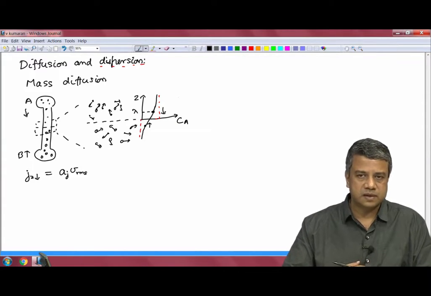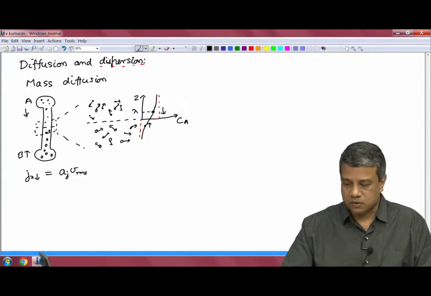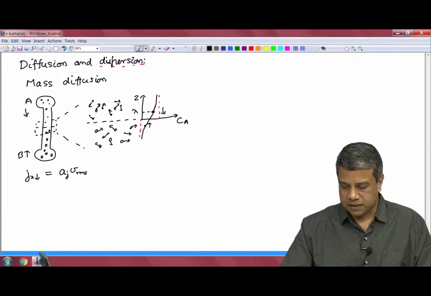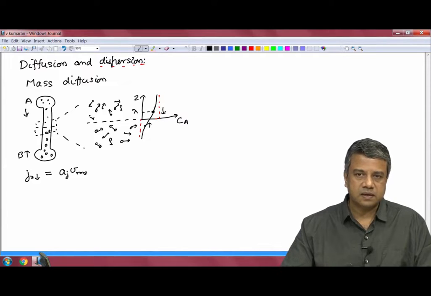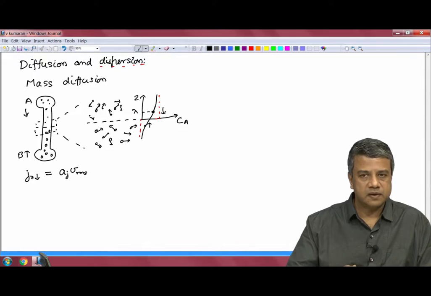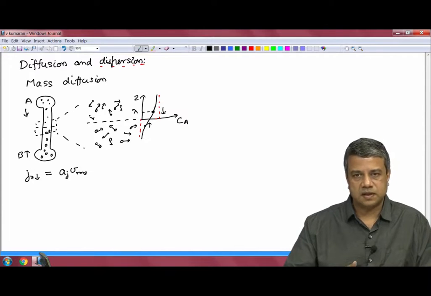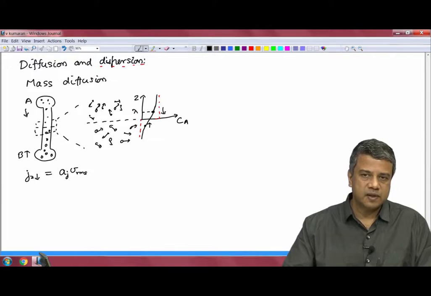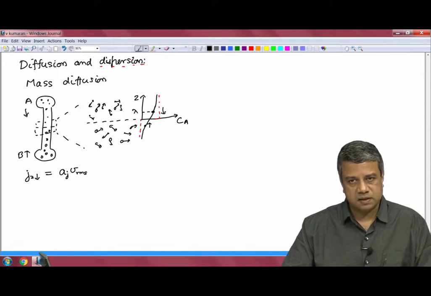coming downwards to the surface will be equal to some factor A times the root mean square velocity of the molecules at that location. This A is a factor that takes into account the ratio of the average velocity of molecules crossing the surface and the average velocity of all molecules. So, I have written the velocity perpendicular to the surface as a constant factor times the root mean square velocity.